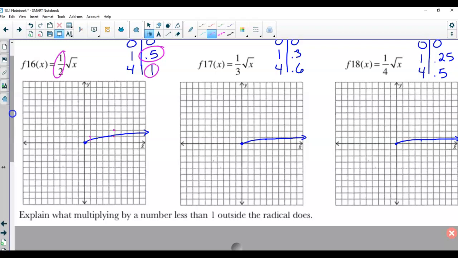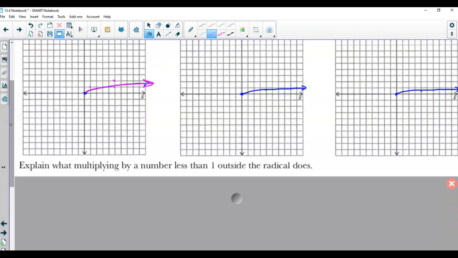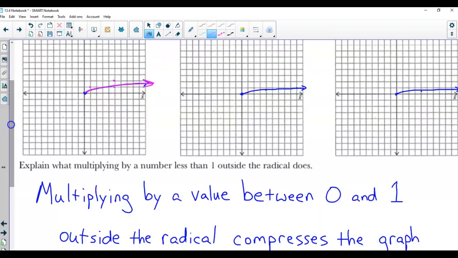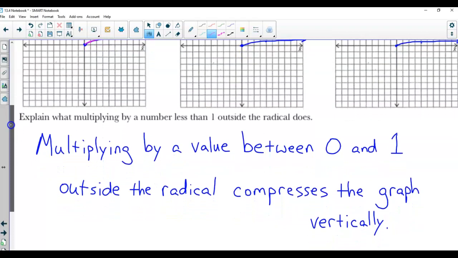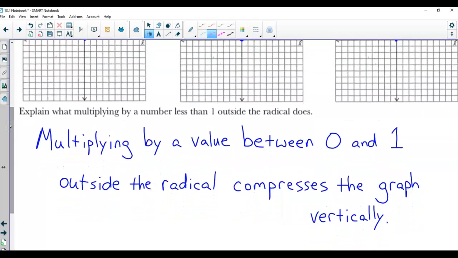It's just bad calibration when I graph those little buggers. So it's shrinking those parent points down. It is compressing them down and squishing them vertically, okay? So when you multiply by a value between 0 and 1 outside of the function, it compresses vertically, okay?